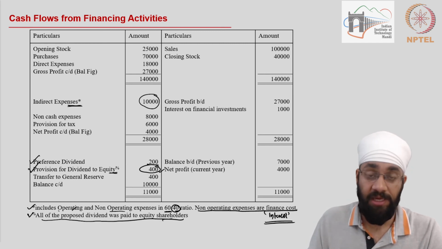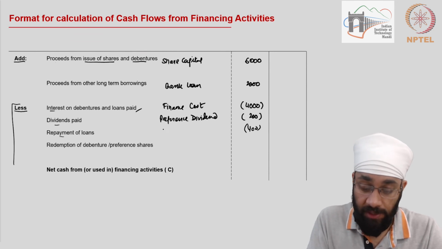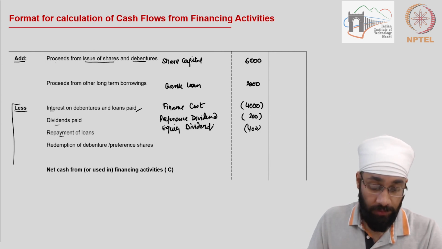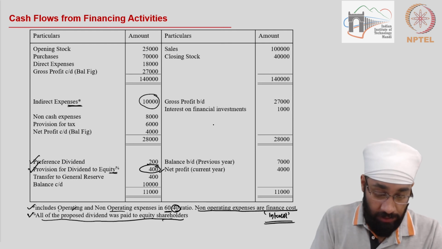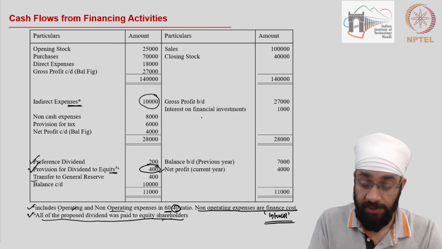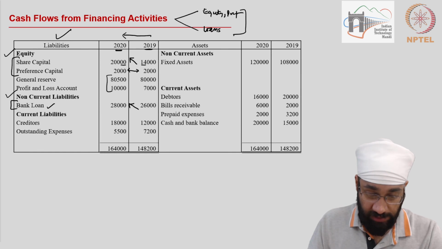So 400 is the actual payment made as well. Another 400 paid. This is equity dividend. That's it. And then you have transfer to general reserve, which we are not considering as far as financing activities are concerned. And there is nothing else that should go to financing activities.